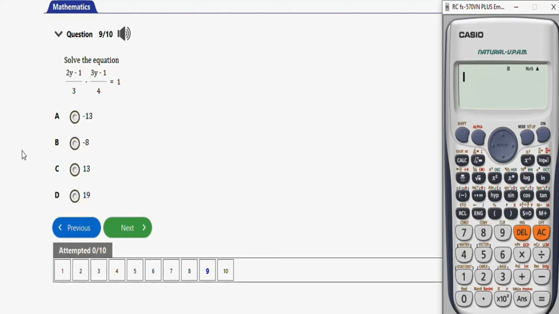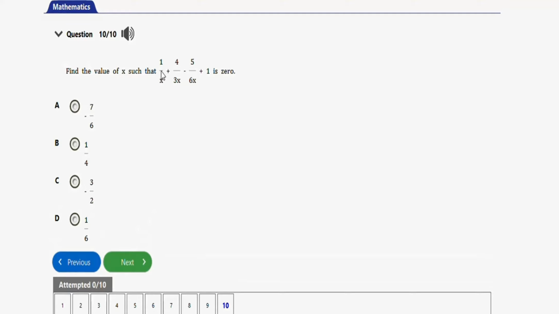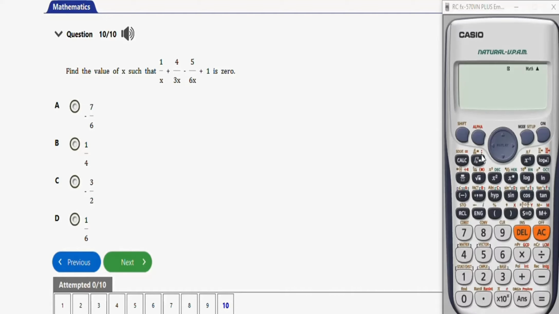Very important. So lastly, before I end this video, this question says find the value of x such that this is 0. Alright, so let's use the equation solver to solve this. Let's bring the calculator and input this.